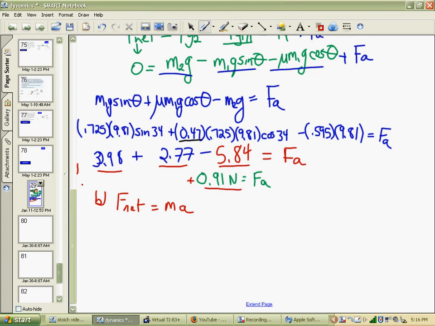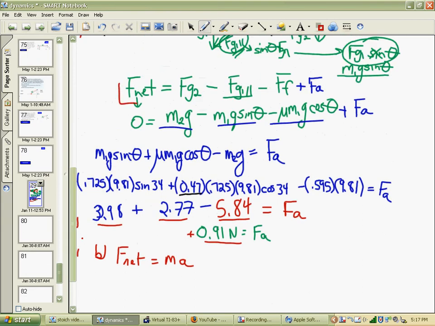Well, F net is going to be determined in much the same way as we had our F net way up here. This formula for F net means it's going to be the gravity of object 2, the friction because of object 1, and Fg parallel. Well, what is going to change in this question? We still have the same applied force of 0.91. We still have Fg parallel, the parallel component of the weight, which has not changed, nor has weight 2 changed.